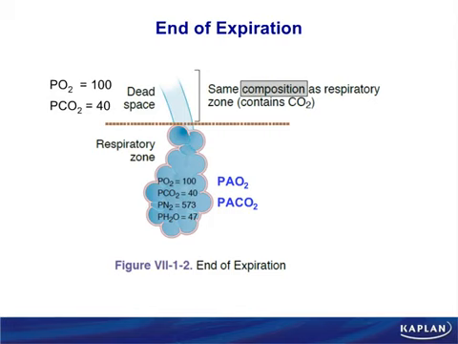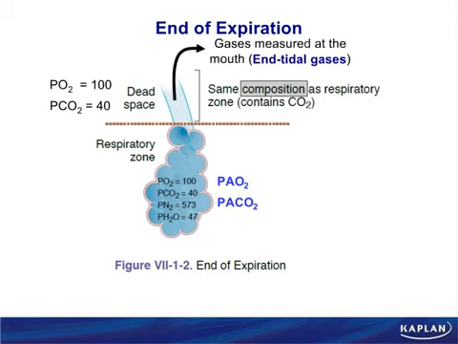The reason this becomes so important for USMLE Step 1 and clinically is we can measure these gases at the mouth. These are called end-tidal gases. So at the end of expiration, that's the end of a tidal expiration, the anatomic dead space will contain gas that has the same partial pressures of oxygen and carbon dioxide as what's in the alveolus.